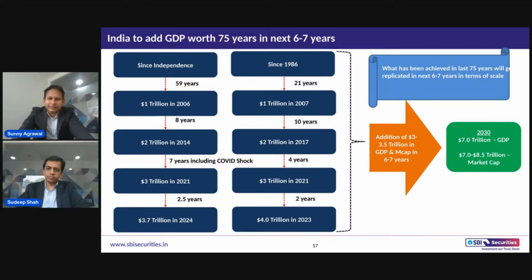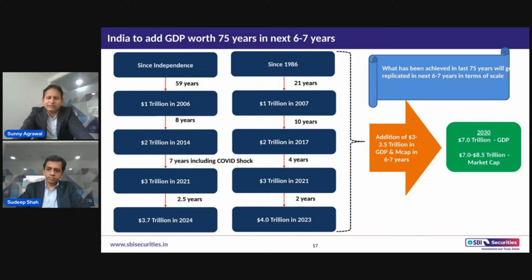After that, it took 7 years, including the COVID shock, to reach a $3 trillion GDP, that is in 2021. Simultaneously, on the right hand side, Indian market cap was also $3 trillion in 2021. As we speak today, the GDP size of the Indian economy is close to $3.7 trillion, and the market cap is close to $4.2 trillion.